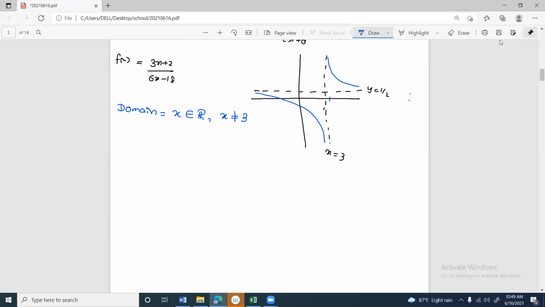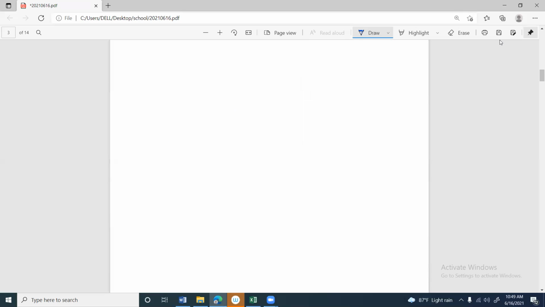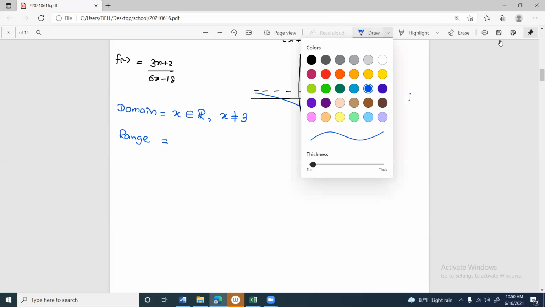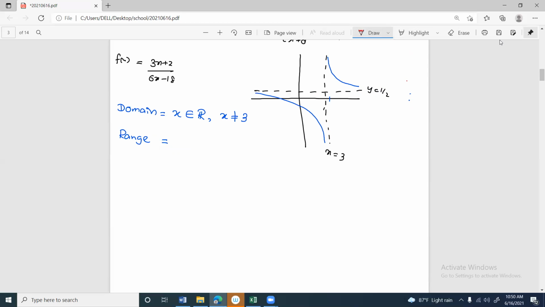Then range. Range means the y values. For this graph, you can see all the y values are accepted except half. Now you can see if I just draw this graph, it comes like this. It comes to this end over here. The value half is not there, and all other y values are available for this graph.